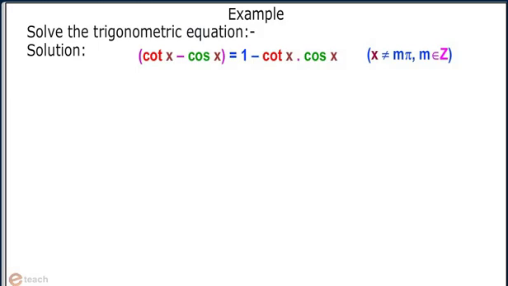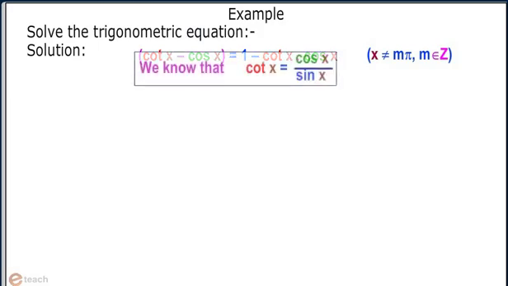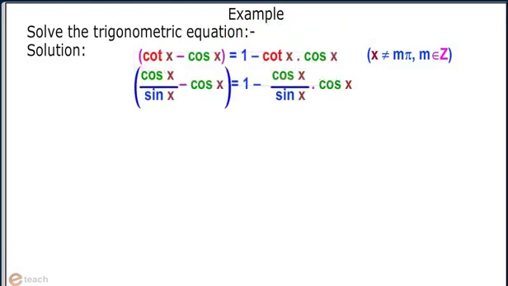Let us see the solution. We know that cot x equals cos x by sin x. Putting this in the given equation, we get cos x by sin x minus cos x equals 1 minus (cos x by sin x) into cos x.